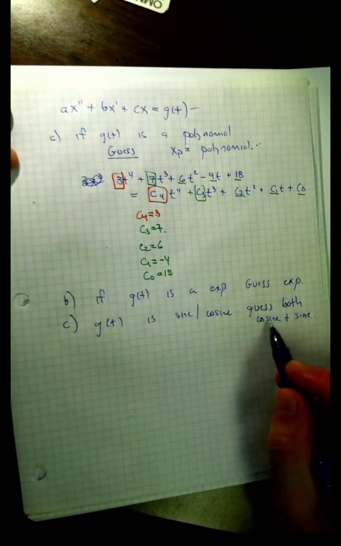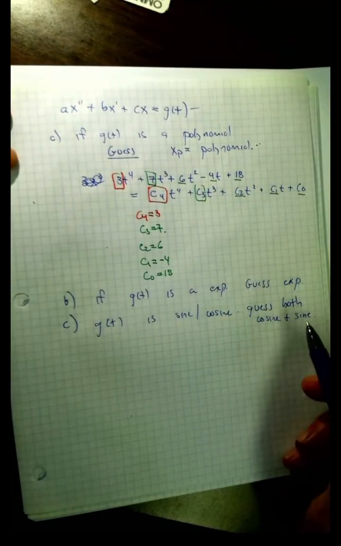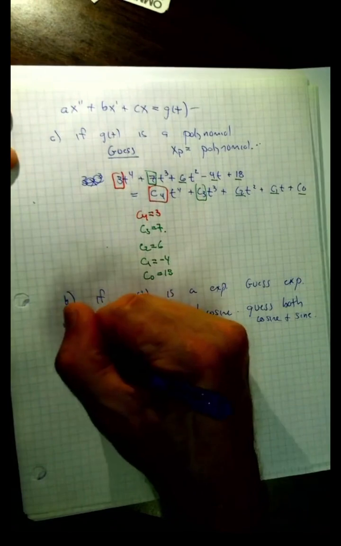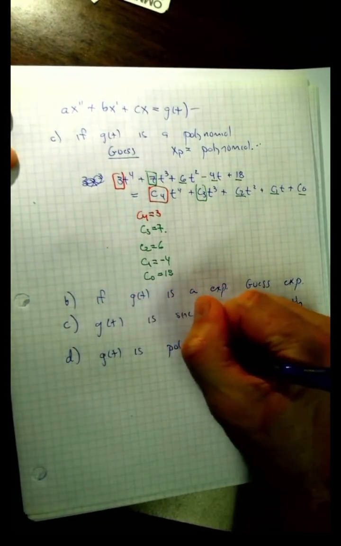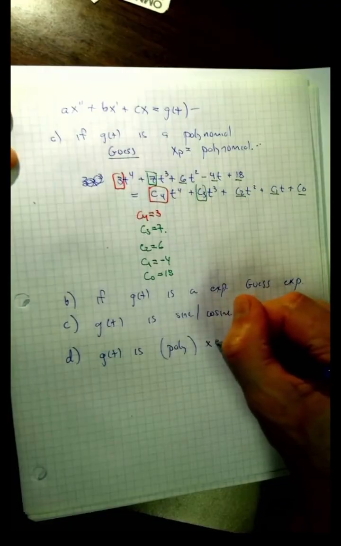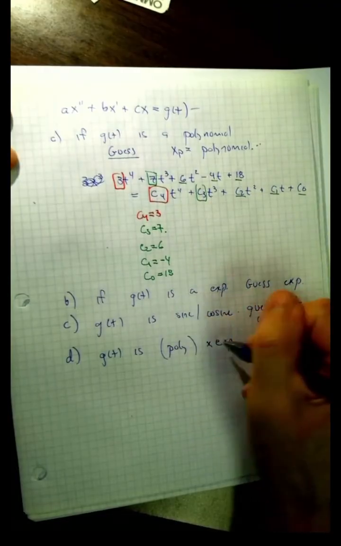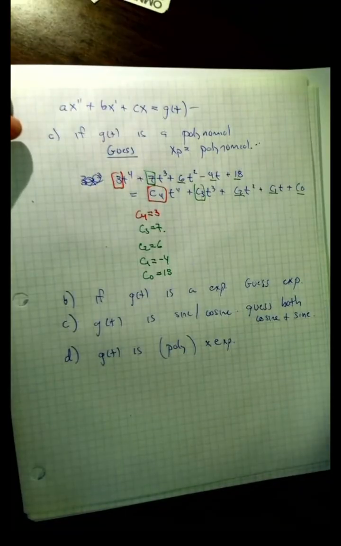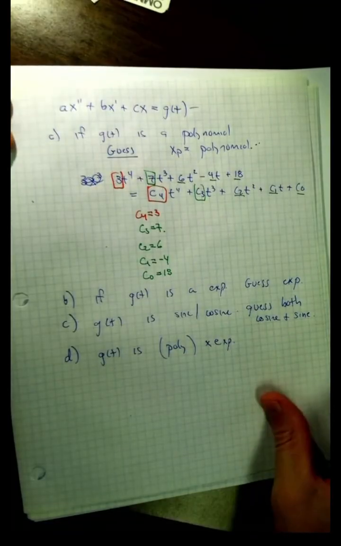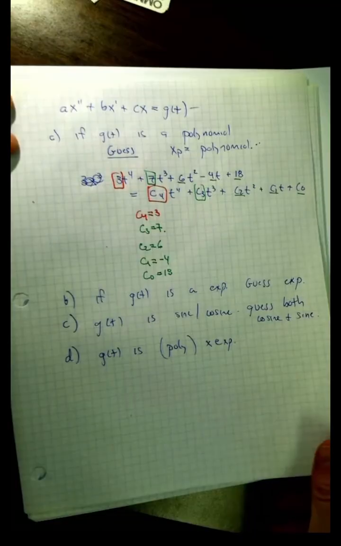And you've got to make the most general way to take a cosine plus a sine. And if your g of t is some polynomial times an exponential, you're going to guess a polynomial times an exponential and see what that means. Okay. And you're also going to have to be able to deal with combinations of these things.